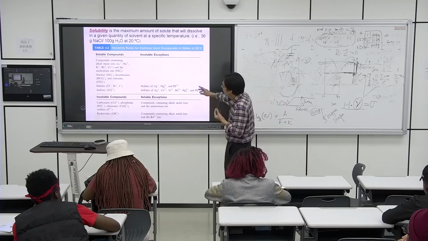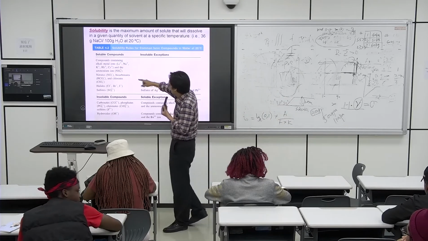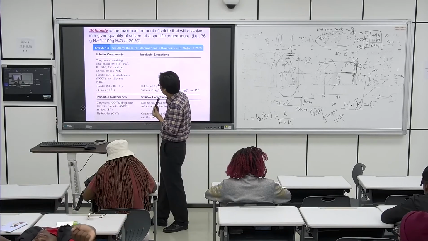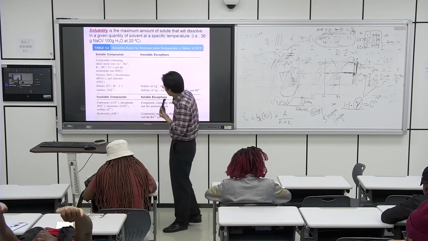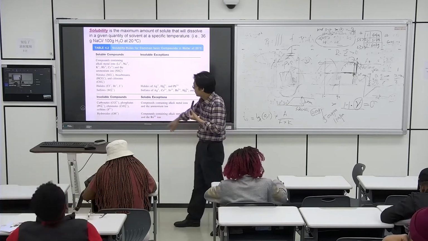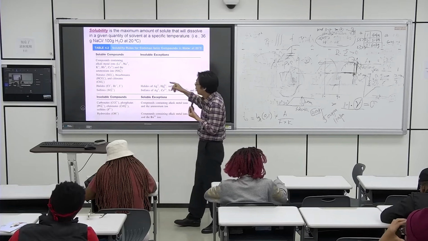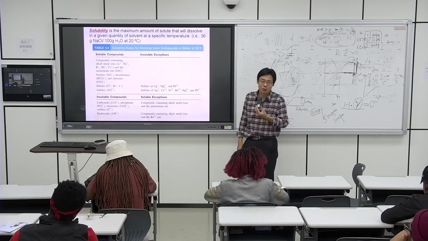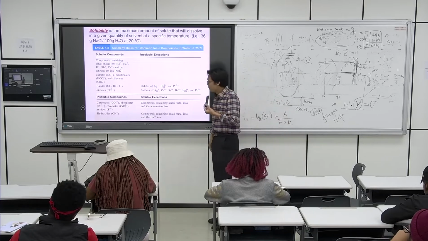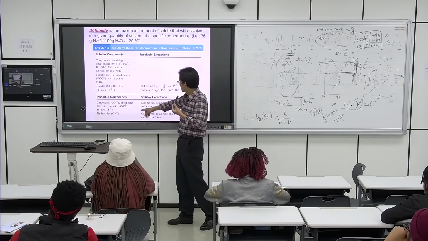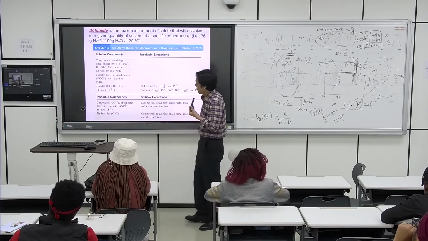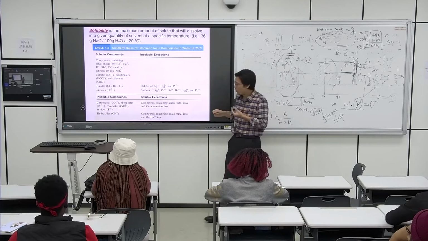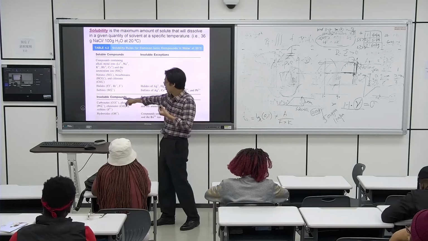Anyway, here we show some soluble compounds and insoluble compounds. Insoluble compounds have very low solubility. They can still have some solubility, but it is very small, very low, so we call them insoluble compounds.